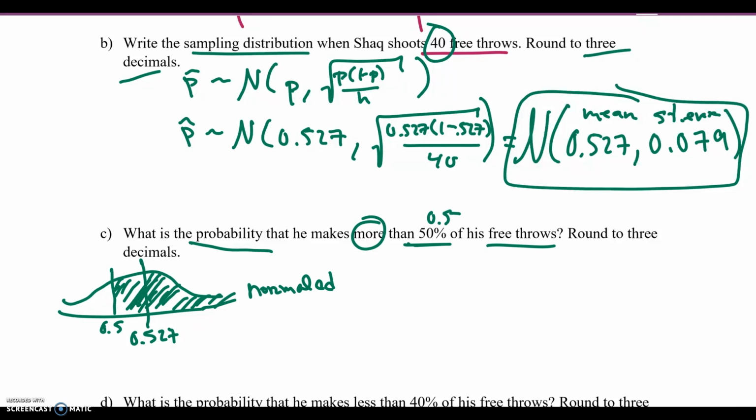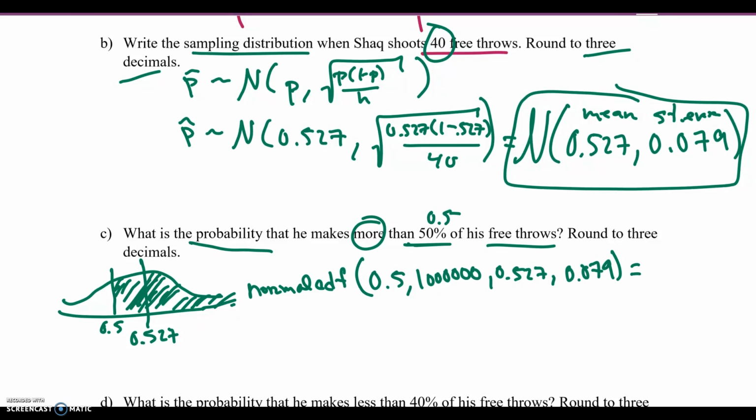My lower bound is going to be 0.5. My upper bound is not going to be all the way to positive infinity, so it's going to be 1 million or a really, really large number. My mean is equal to 0.527, and my sigma, or standard deviation, standard error, is going to be 0.079.